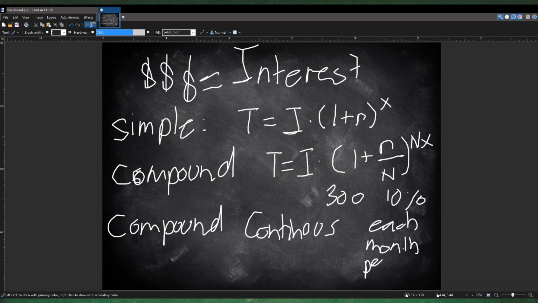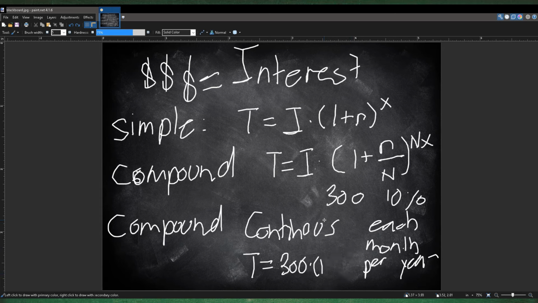There are 12 months per year, so it's always going to be out of a year. So the total is equal to 300 times 1 plus the percentage, 0.1, in decimal form, divided by 12.